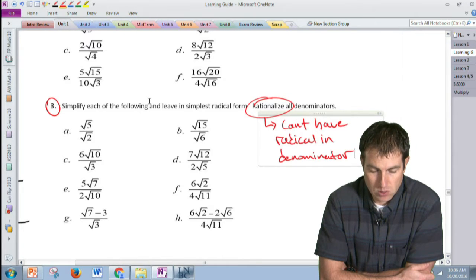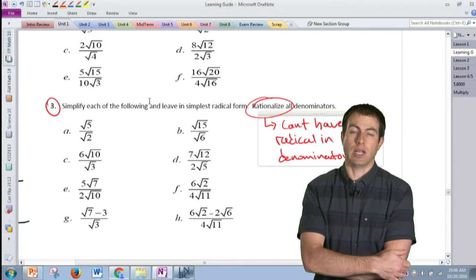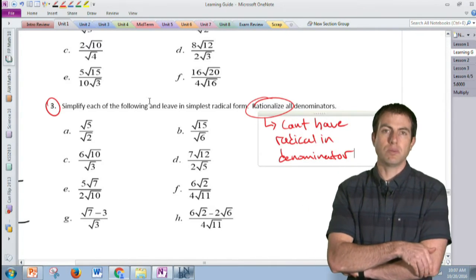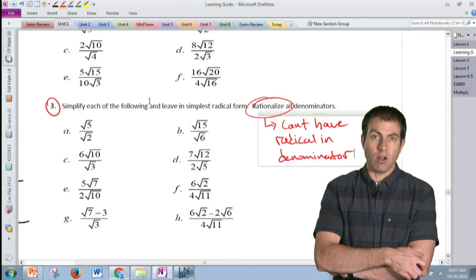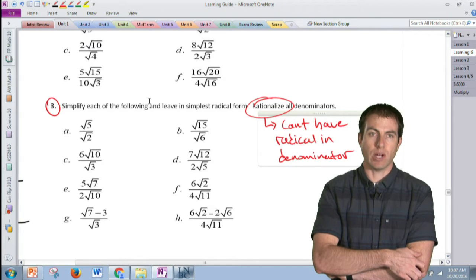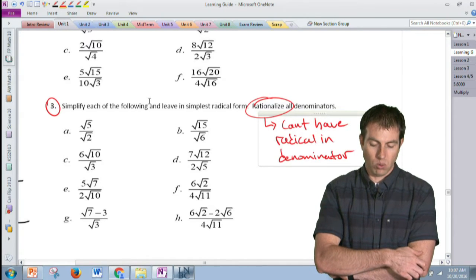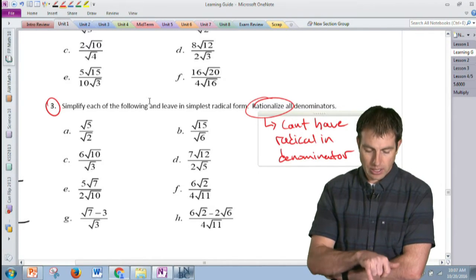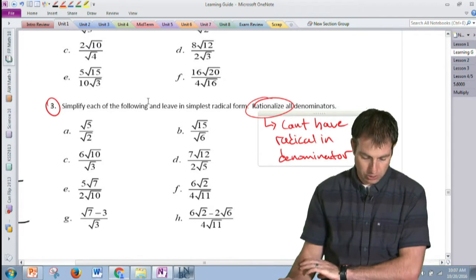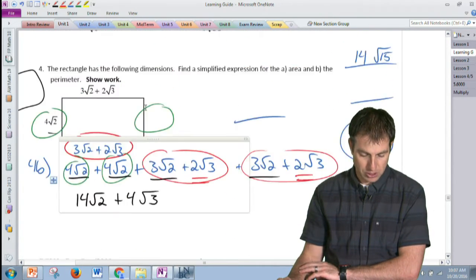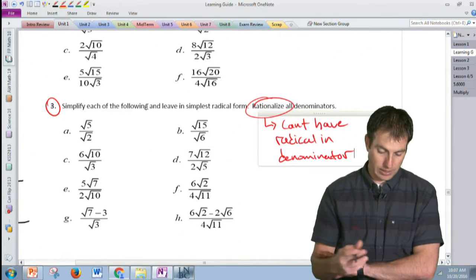And on Tuesday next week, I'll go through question 3, rationalizing denominators, but you should be done everything by Tuesday next week. So you should be ready to write the test on Tuesday next week. The only thing you won't have seen is this number 3 on page 10. Rationalizing denominators.